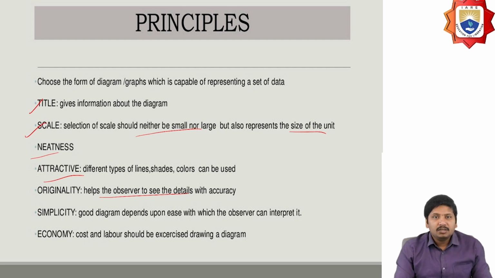Simplicity, which is the ease with which the observer can interpret a good diagram. And economy, where the cost and level should be accessible to all. So these are some of the principles we have to follow.